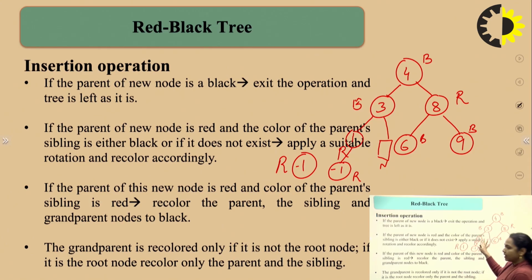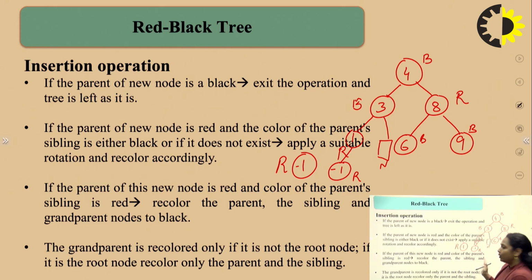So the first case is clear, that is the parent is black and the newly inserted node is red in color. There is no need of performing any kind of change. The second case says when you have a red parent, and the new node we are going to insert is red and its parent is also red in color.